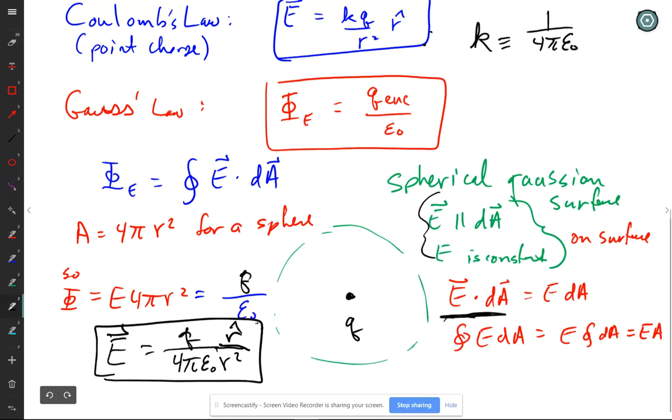So yes, if you replace 1 over 4 pi epsilon 0 with K on top, then you have KQ over R squared. So there you see, through a fairly short derivation, that Coulomb's law is Gauss's law. It's Gauss's law for a special situation of a point charge. So whether we use Coulomb's law or Gauss's law, it's the same fundamental underlying law.